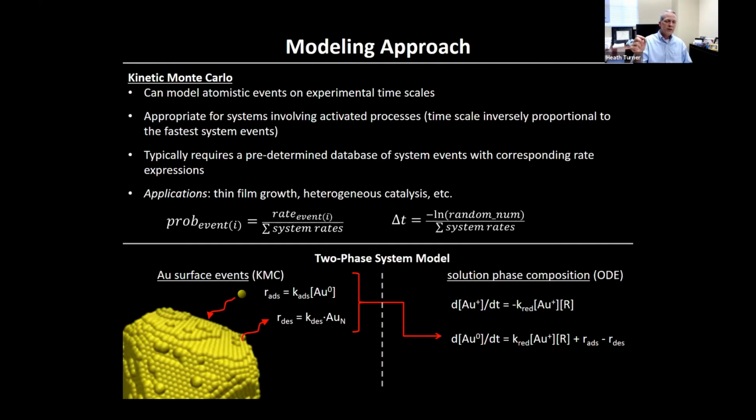Those individual atoms can adsorb, but they can also desorb from that surface. And once they attach to the surface, they can also diffuse around on the surface. So there's several different events that can happen in the system. There's a rate constant and relative energetics that dictate the relative probabilities of each of those events.